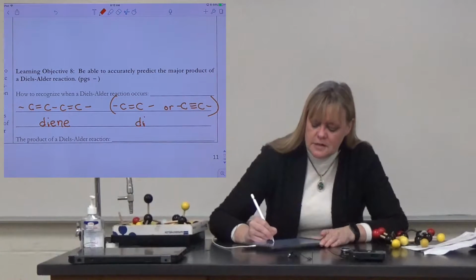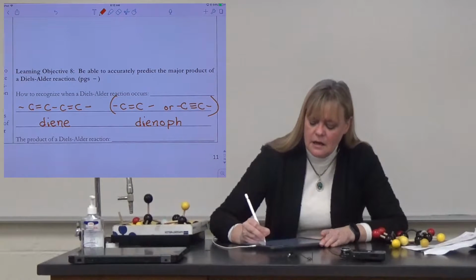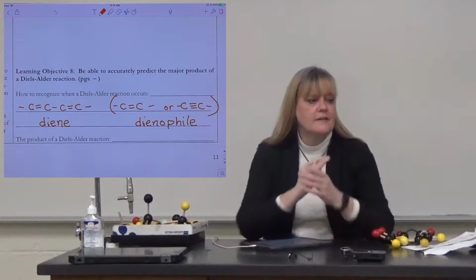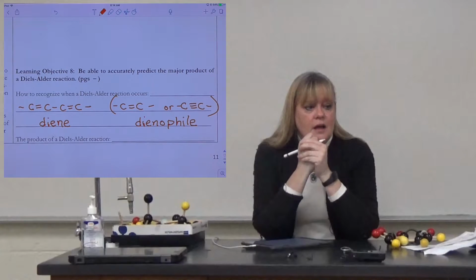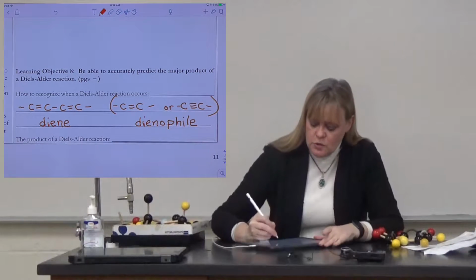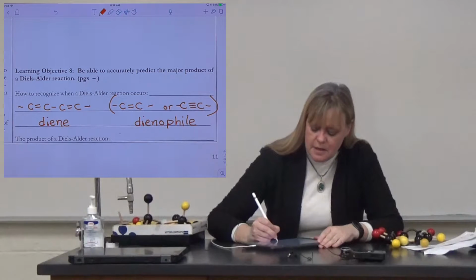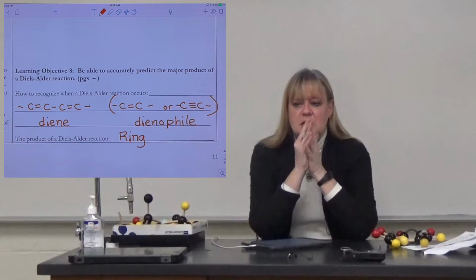This is called the dienophile because it loves a diene. And you're going to create a cyclic compound by putting those two together.